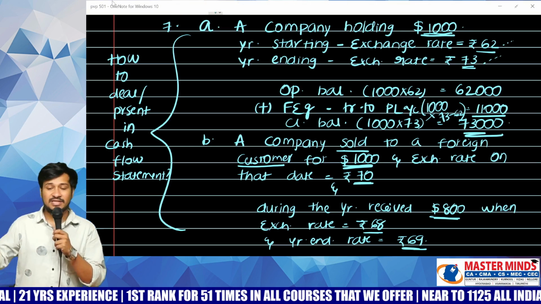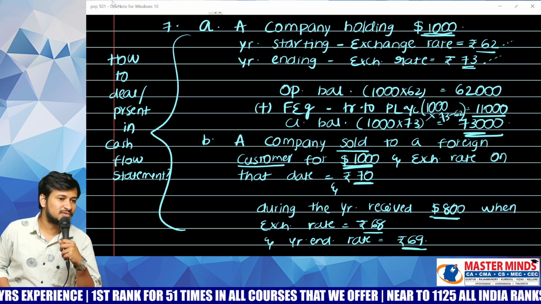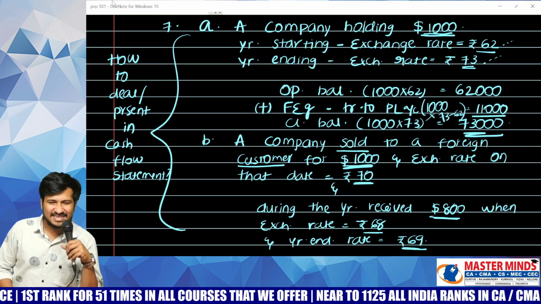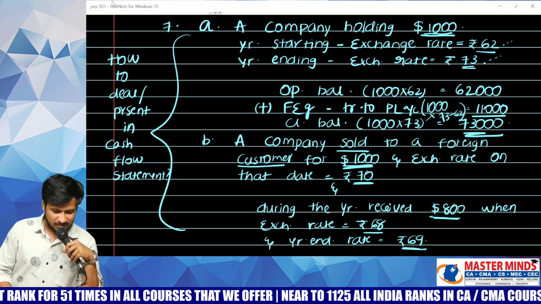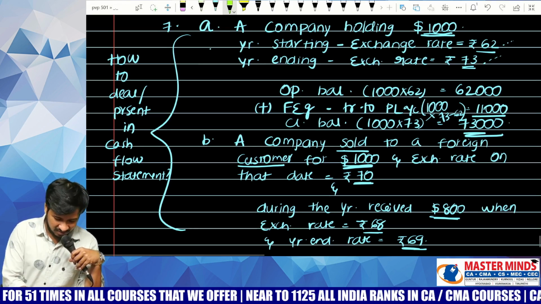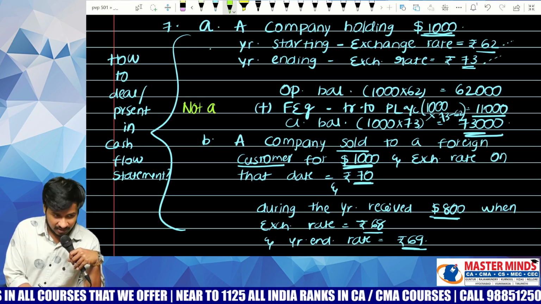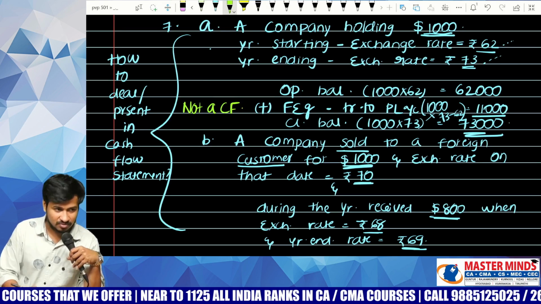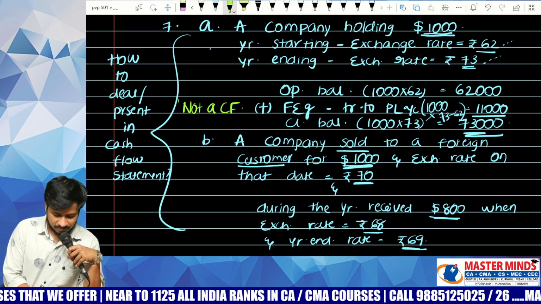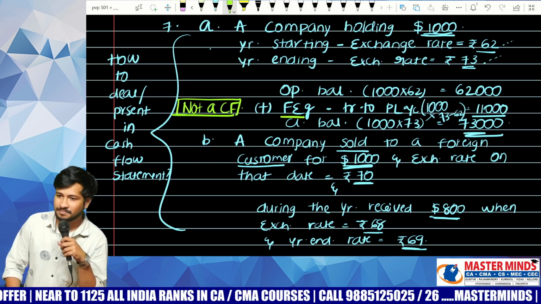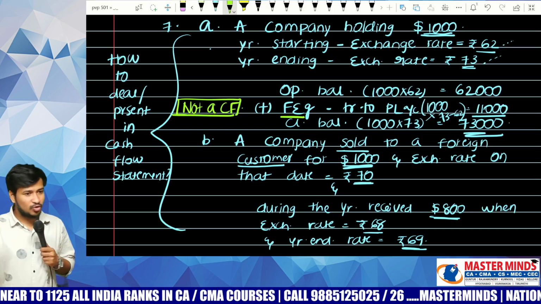Point number one is this 11,000 cash flows or not a cash flows? Not a cash flows. Be very, very careful. This one is not a cash flow. Hello, mister. What are you doing? This is not a cash flow. This is just a foreign exchange gain. Perfect. Okay. Sir, no confusion.